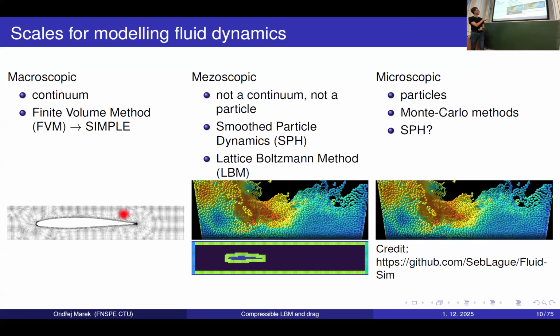We are starting here on the left in the continuum, in the macroscopic Navier-Stokes equations, and we are trying to zoom in on the continuum. And if we zoom in too much, we get into the microscopic scale, where we have individual particles. For this, there are methods like the Monte Carlo method, which has a random number generator and some randomness in the collisions of the particles.